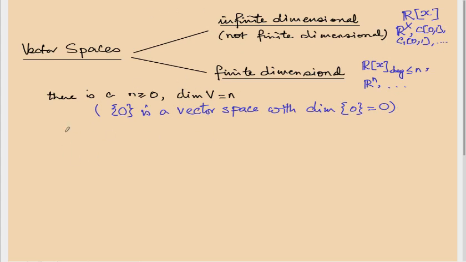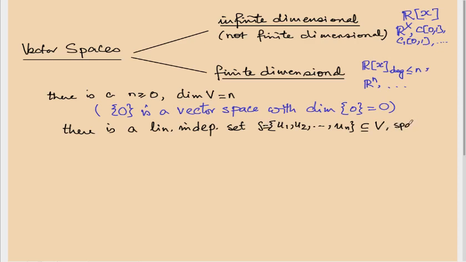And then what about something else? For anything else, there is a linearly independent set S consisting of n vectors such that span of S is V. And this is the largest size of a linearly independent set.